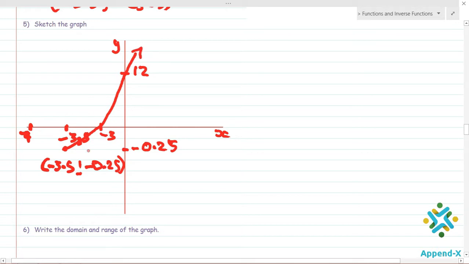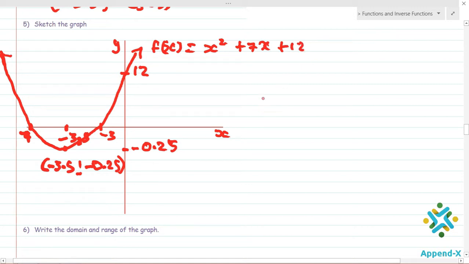On the left hand side we do the same. Now this is the graph of f of x is equal to x squared plus 7x plus 12.